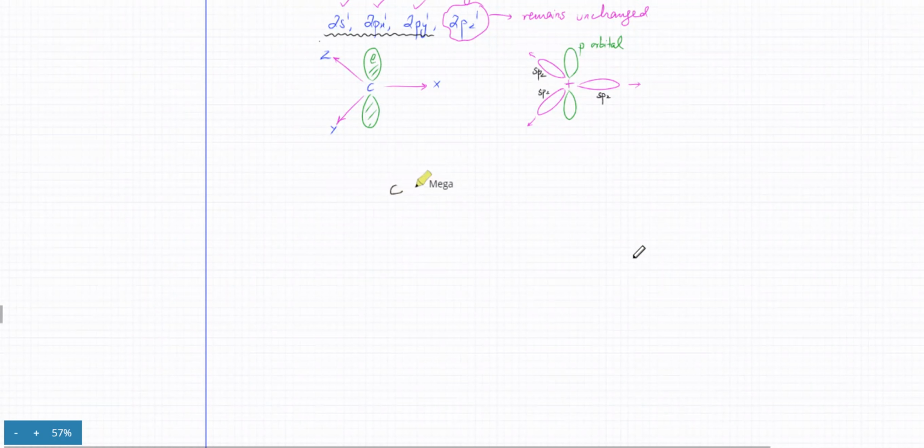So I'm going to pick the molecule of ethene. So now if you look at ethene, is it sp2 hybridized or not? How many atoms is carbon bonded to?